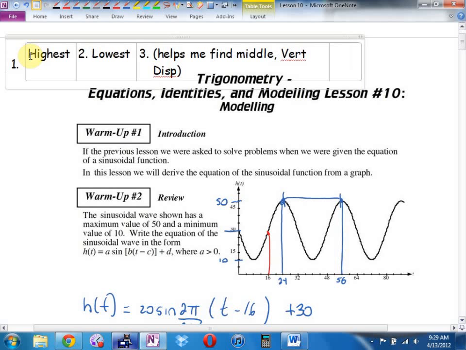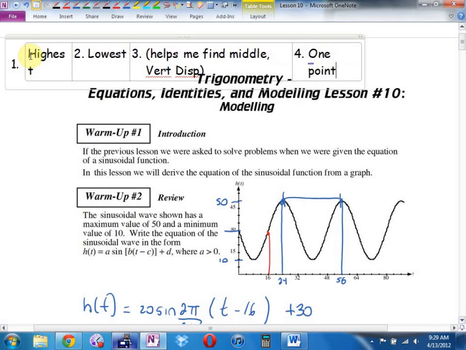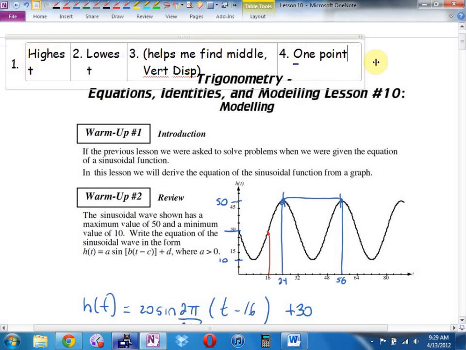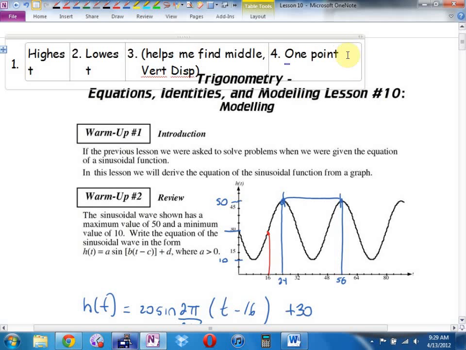And then the one more thing I want to find, be consistent: period, 1 point. If I can get that, come here, stretch. There we go.